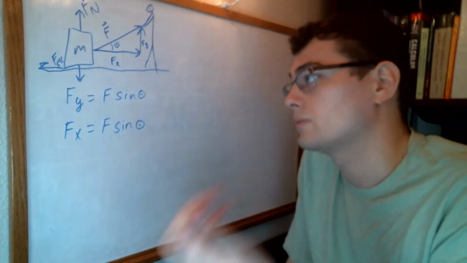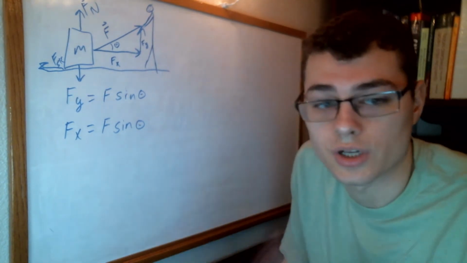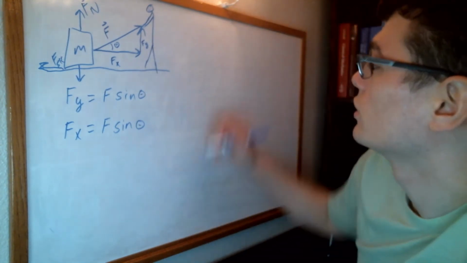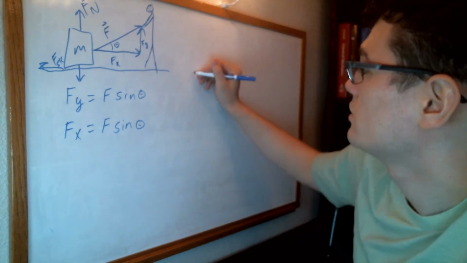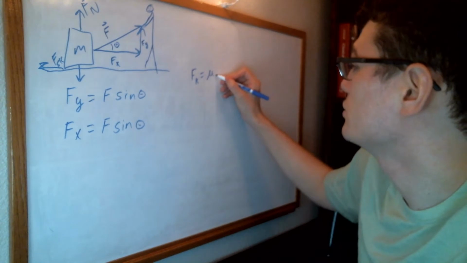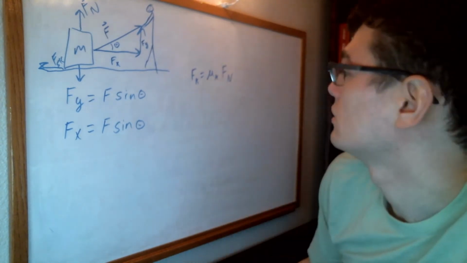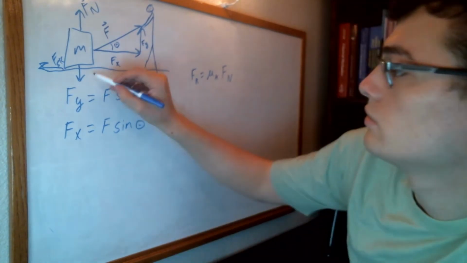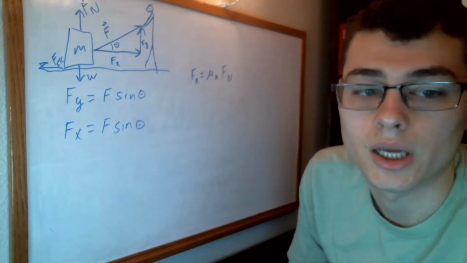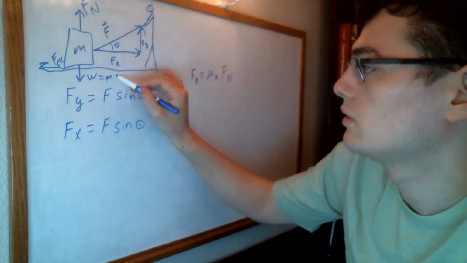So FK for kinetic and FS for static friction. And we'll go into detail about that in a little bit. But stuff that you need to know for your test, we're going to be talking about how Fk is going to be equal to mu k times Fn. And so we usually denote our force due to gravity as weight, and that'll just be denoted by mg.